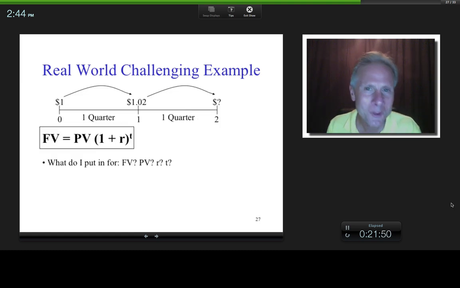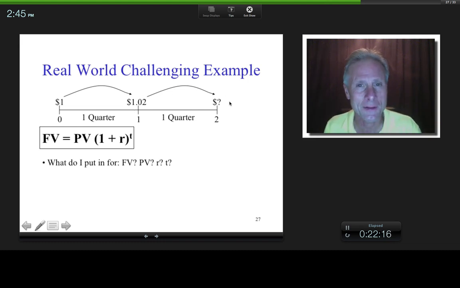So using the only single cash flow formula that exists, here it is right there, what do I put in for future value? Well, that's what I'm trying to figure out, right? What do I put in for present value? Well, I can either put in this dollar and move it forward 2 periods, or I could put in $1.02 and move it forward 1 period.